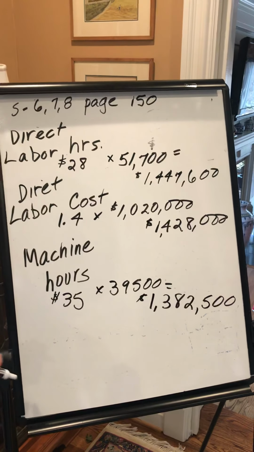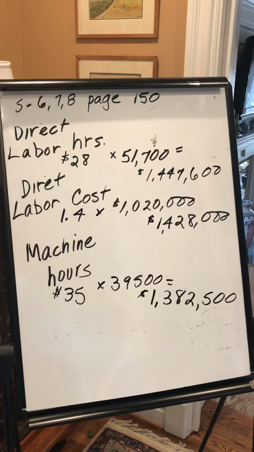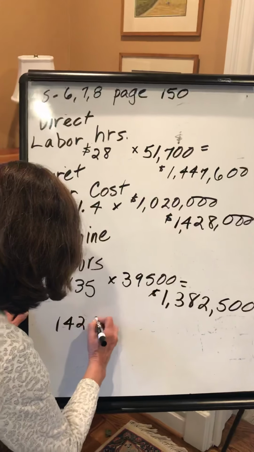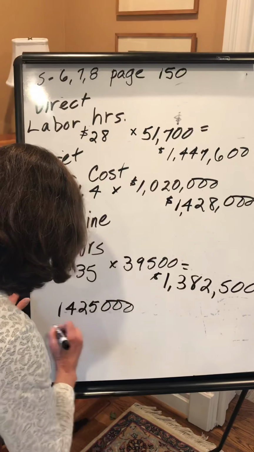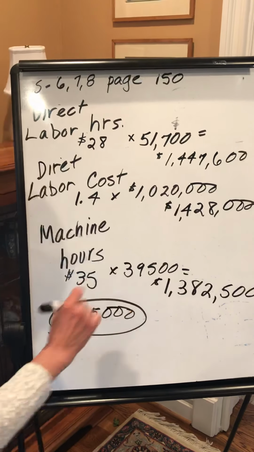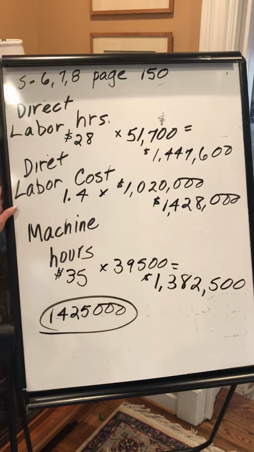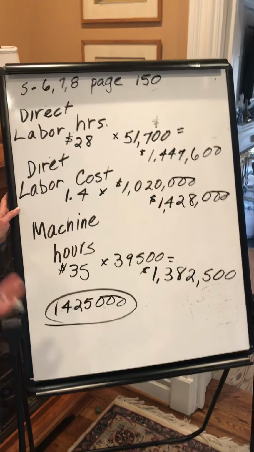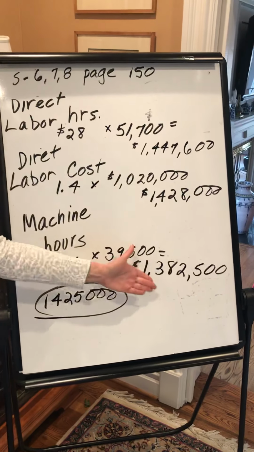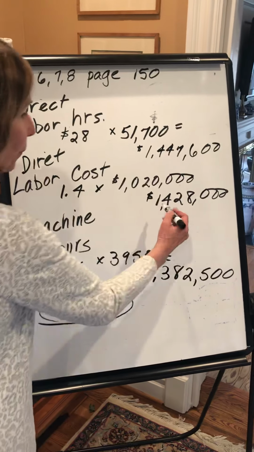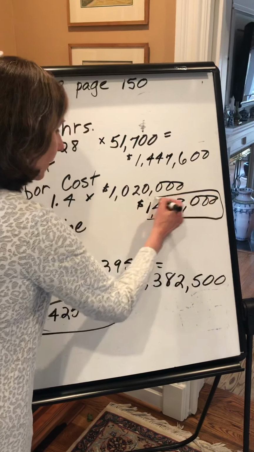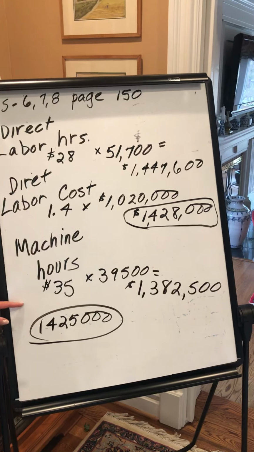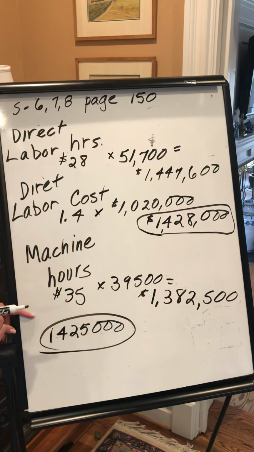Well, they tell us that it turns out their actual overhead was $1,425,000. That's what they actually spent for overhead. So question, which one would have been the best? Well, what number is the closest? Direct labor cost. So that would have been the best allocation method.